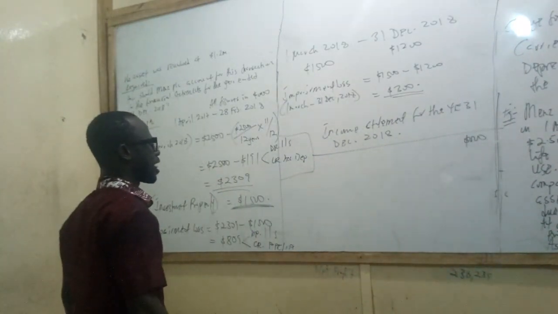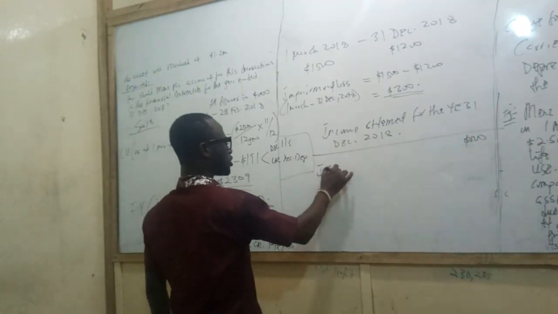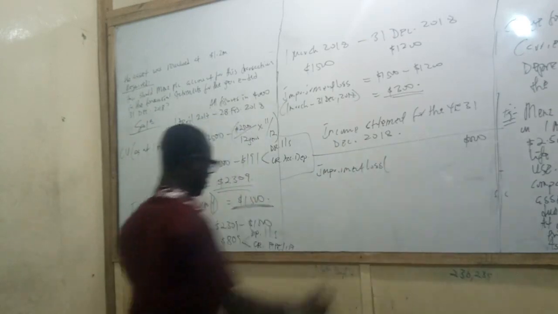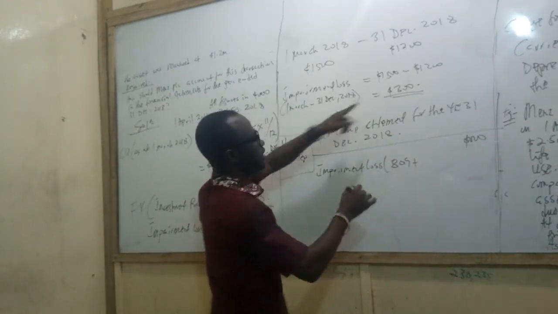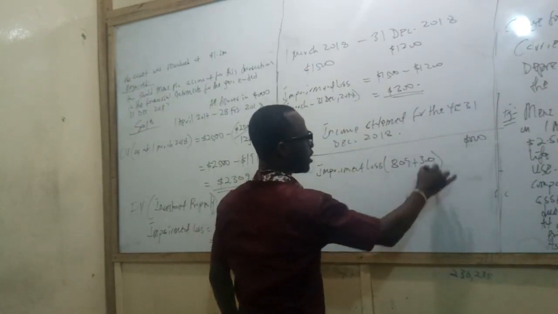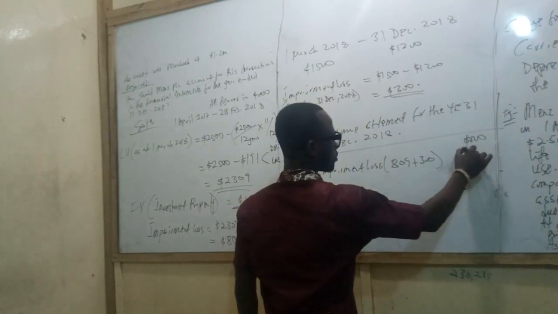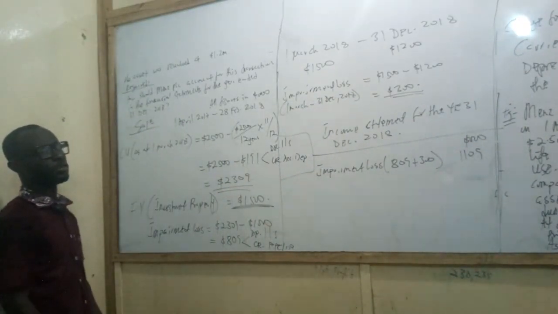The losses. So the impairment loss. How much? 809 here and then 300 there. Total of 1,109. What else will come in the income statement?